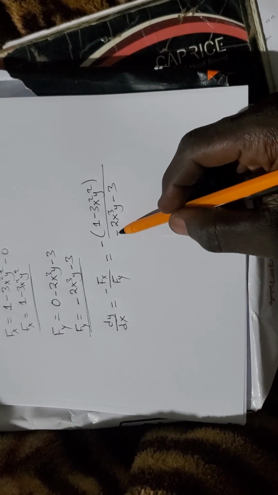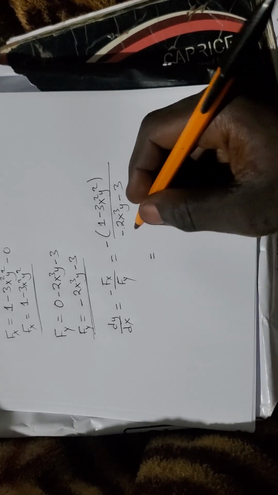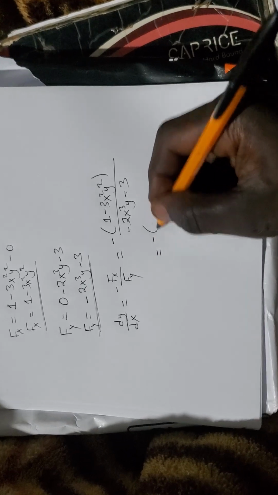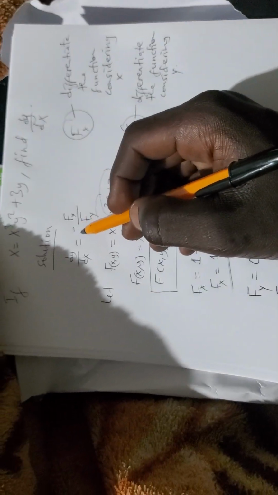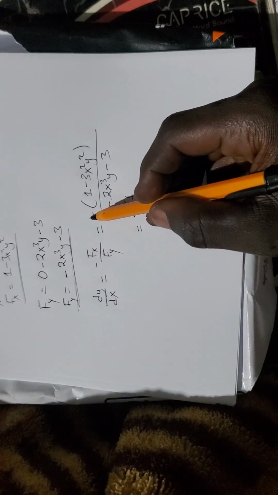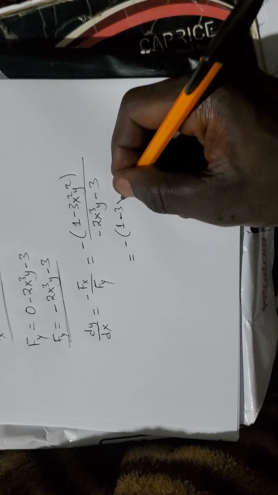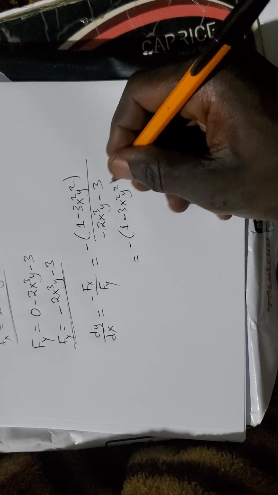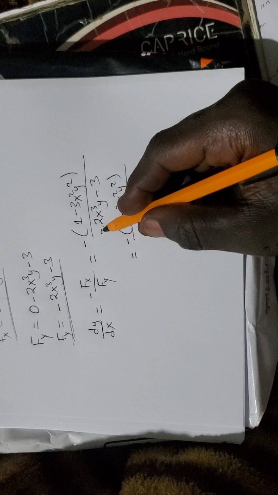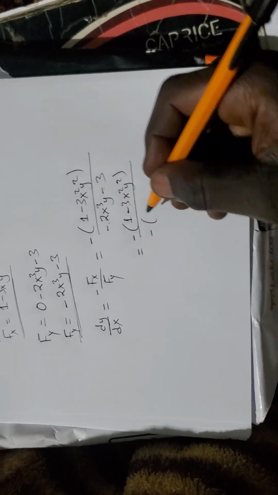Now, seeing the negative on both parts, we can factorize it. The top part has got a negative, which is coming in from the formula here. So this is the negative which we have. The bottom part, we can factorize the negative as well.